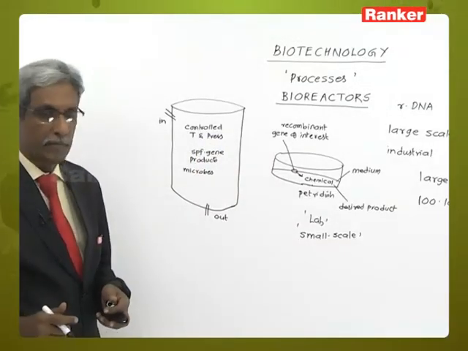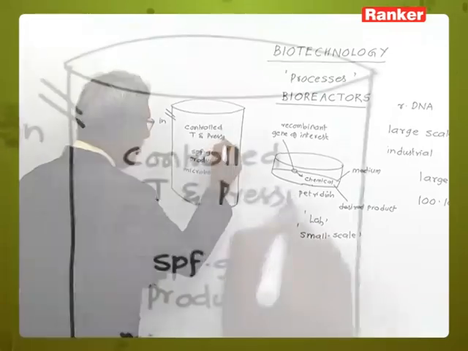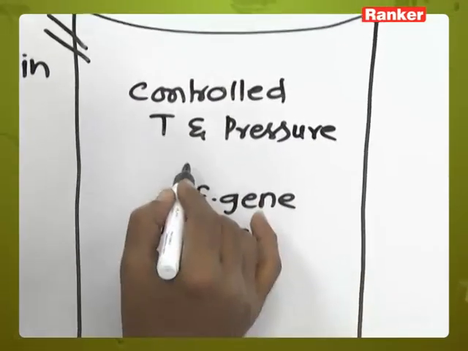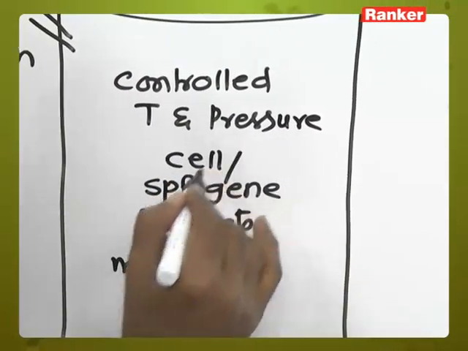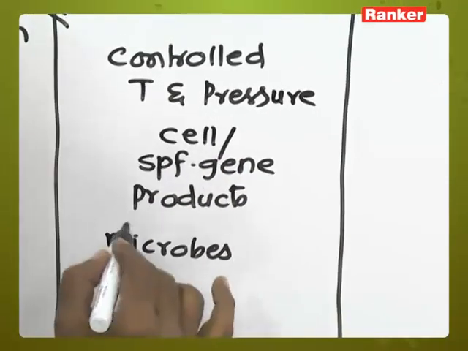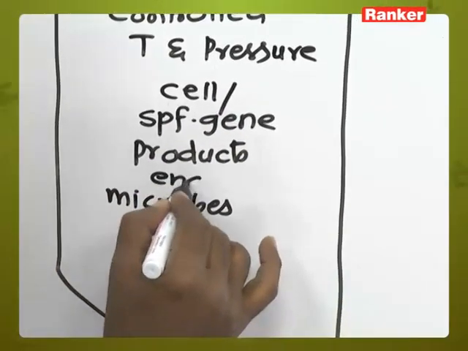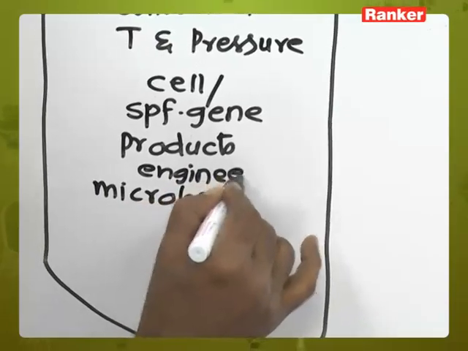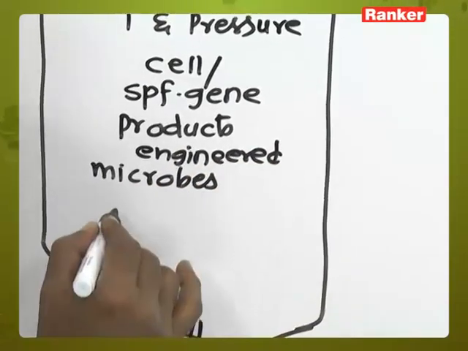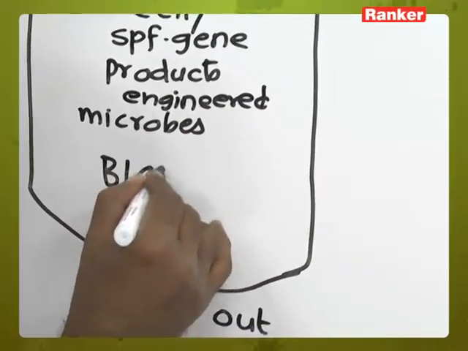Under controlled conditions of temperature and pressure, you take cells or specific gene products which have been engineered by microbes and place them in a bioreactor.